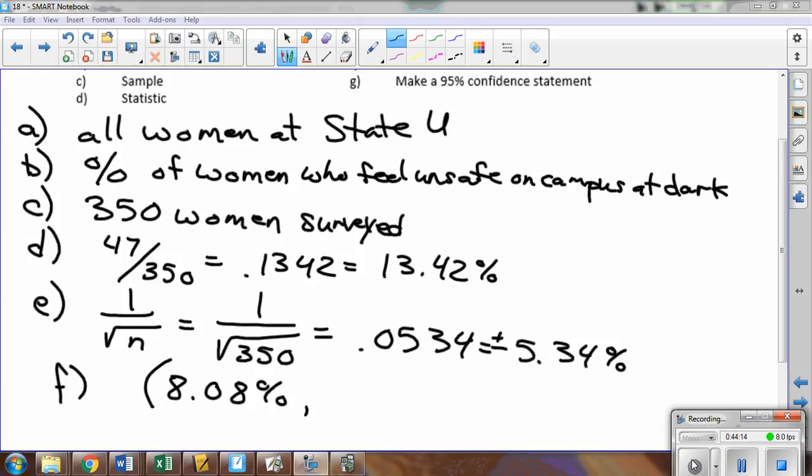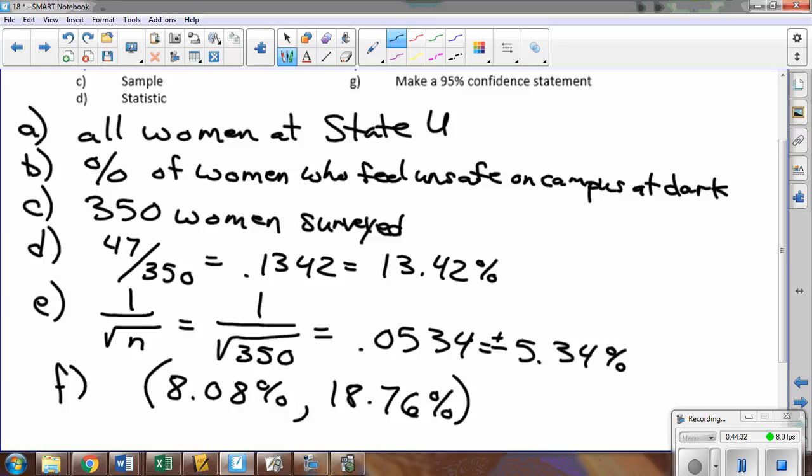And we need to do the high end. Instead of subtracting, 13.42 plus 5.34, adding those together, we have 18.76%. And this is our confidence interval.